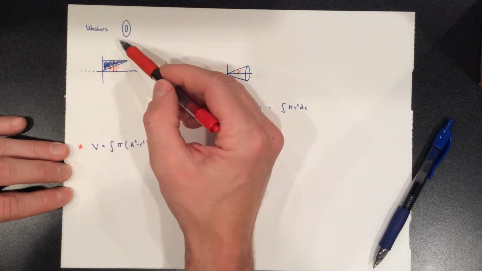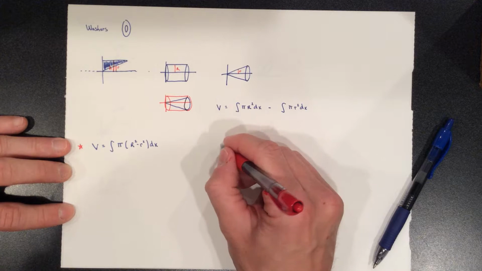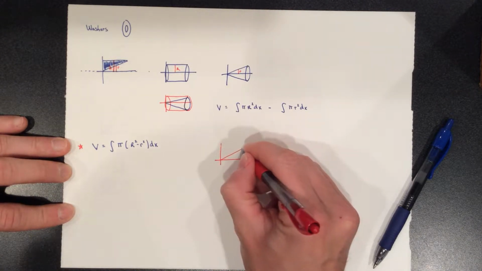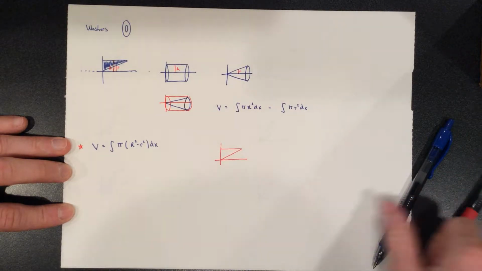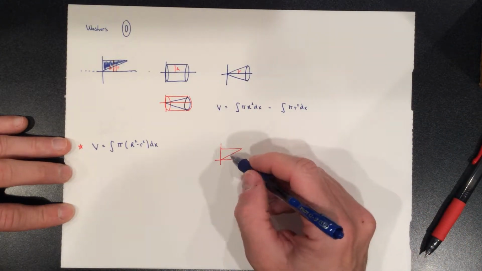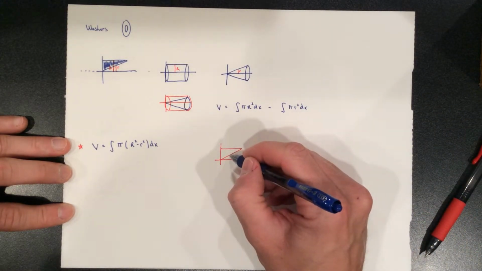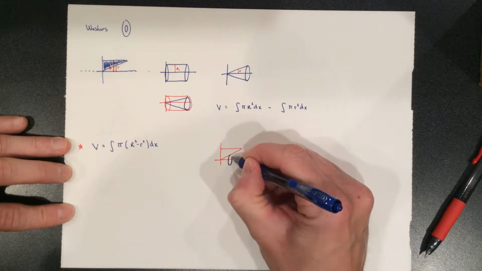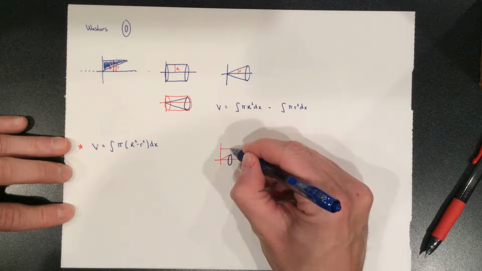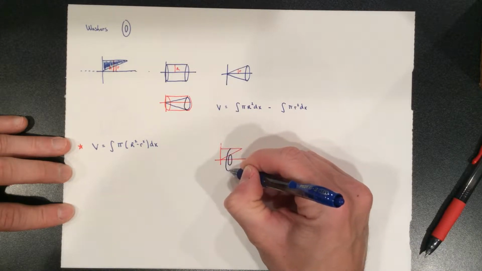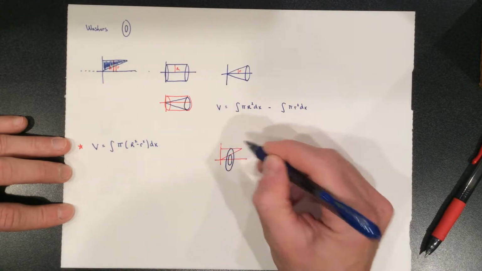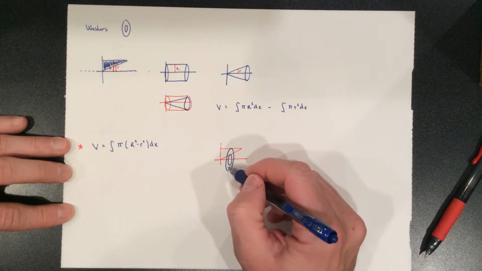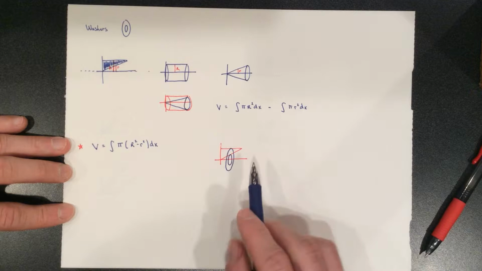And again, if you think about a washer here, why they say washers, I'm just going to barely attempt to draw one of these. If you take this curve and whip it around, you're going to get something like that. And you take that same outer curve and whip it around, you get something like that. And so that's the area you get. It looks like a washer, and you're going to sum up all those washers.